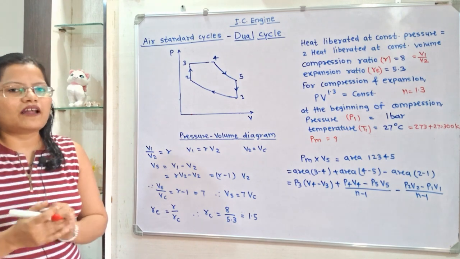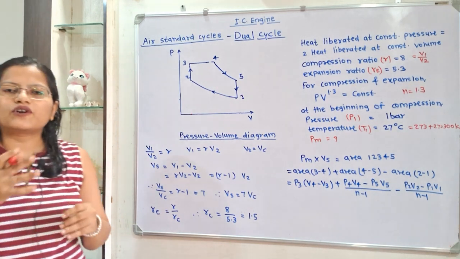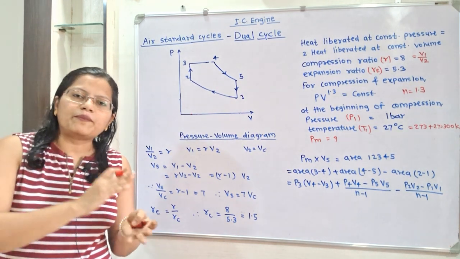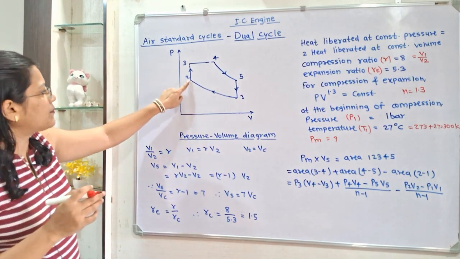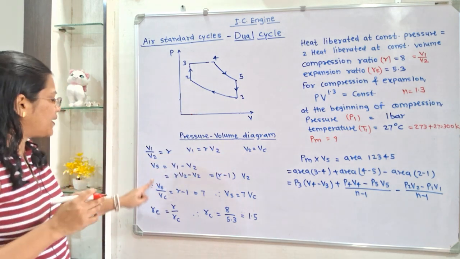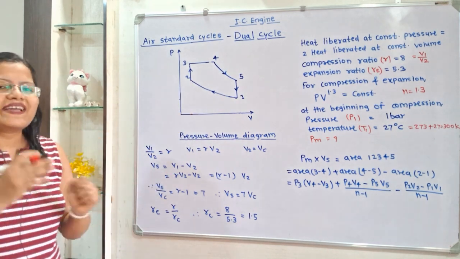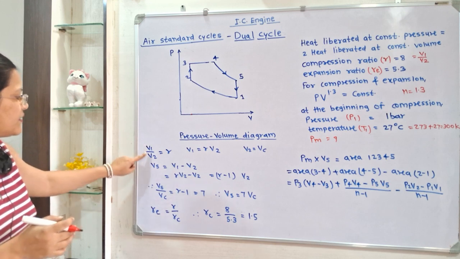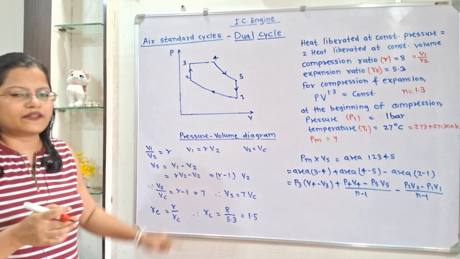How to find out the mean effective pressure? Let us first understand the relation between swept volume and clearance volume. If we observe this diagram, clearance volume Vc is equal to V2 and swept volume Vs is equal to V1 minus V2. Now, we have one relation between V1 and V2: V1 by V2 is equal to R, so V1 is equal to RV2.